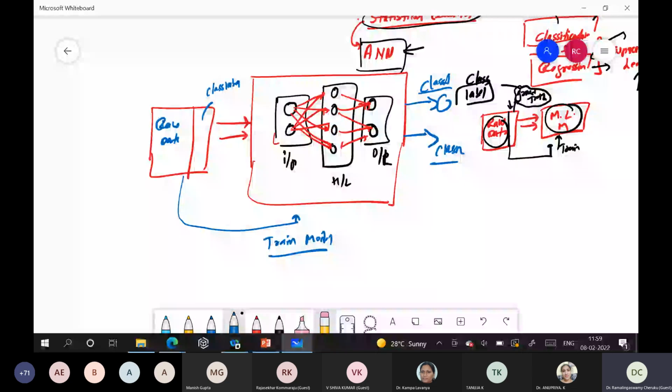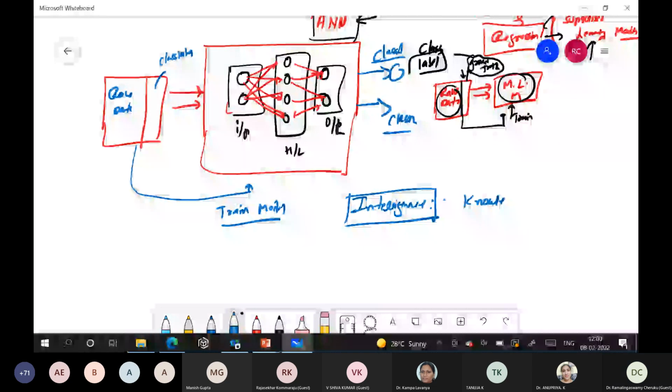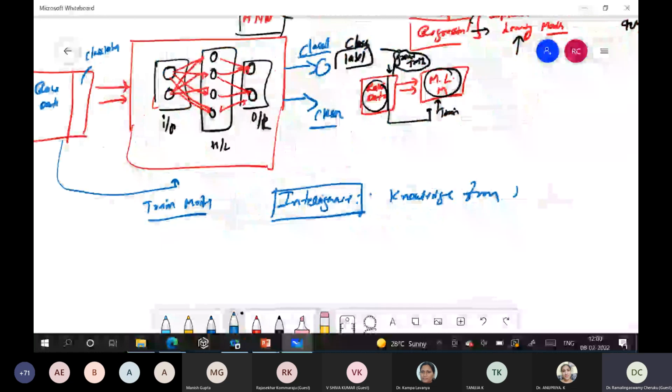Now, once you finish your training using some training algorithm, your model has finished training. As I mentioned, once your model has finished training, it acquires some intelligence or some knowledge from raw data.